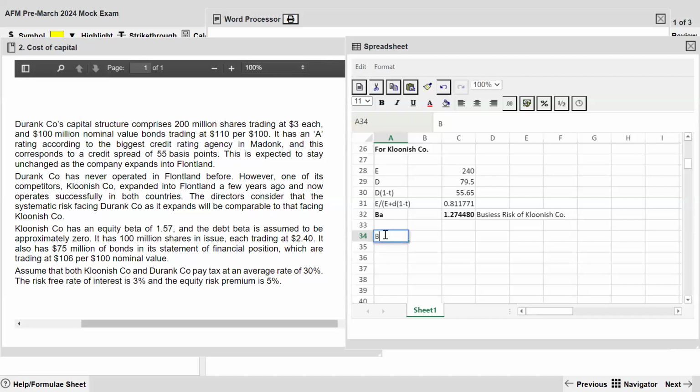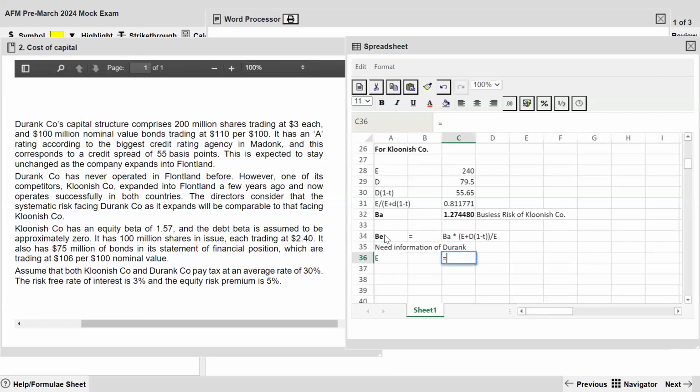Now, for the equity beta, what do we need? We need the asset beta. Equity beta is equivalent to asset beta multiplied by E plus D(1 minus T) divided by E. So what happens is that we need the E of Durang, and we need information on Durang.